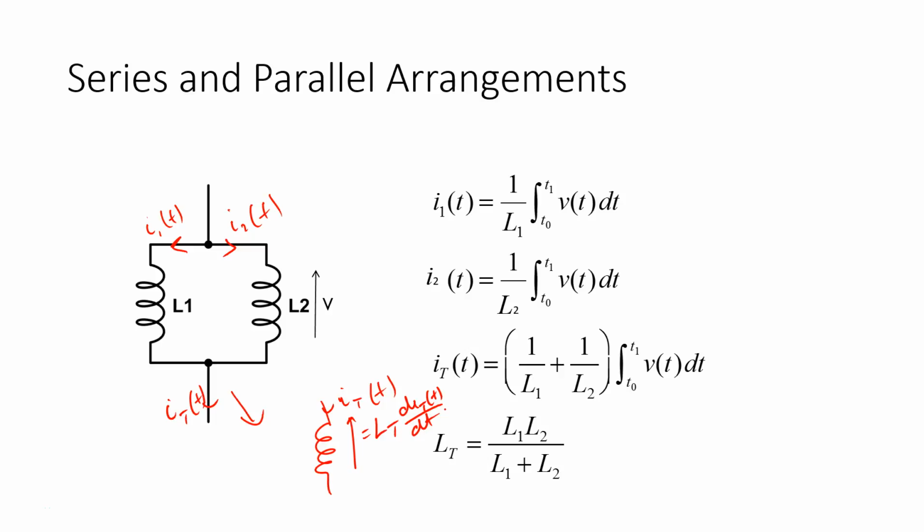So I'm going to write the VI relationships for each one. This time, since the currents are splitting, I'm going to write them in terms of the current. I1 is 1 on L1 integral of V dt, I2 is 1 on L2 integral of V dt. And now I know that the total current is the sum of these currents, and I see that IT is equal to (1 on L1 plus 1 on L2) integral of V(t) dt.